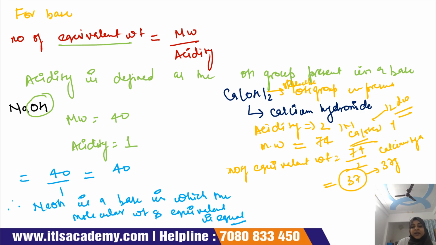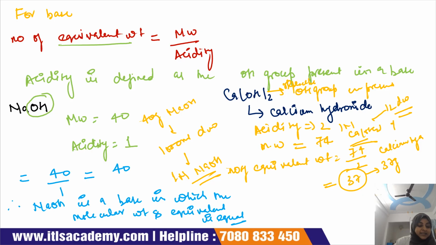Same here, if we dissolve 40 gram of NaOH into 1000 ml of distilled water, we get a 1 normal solution of NaOH. This is how we calculate the equivalent weight in case of base.